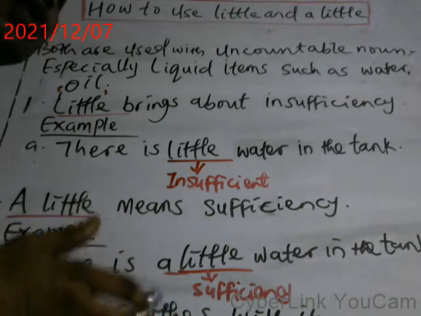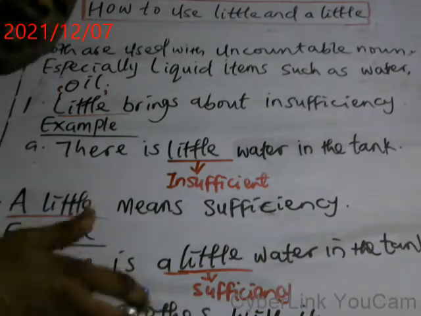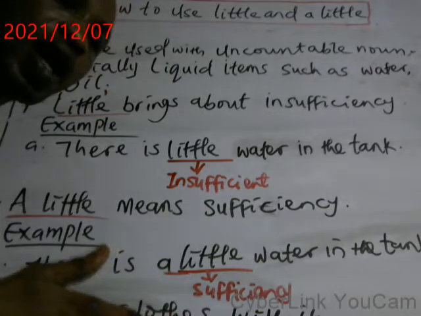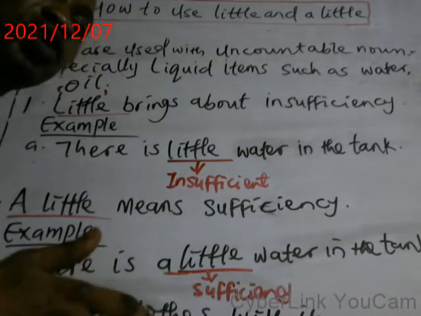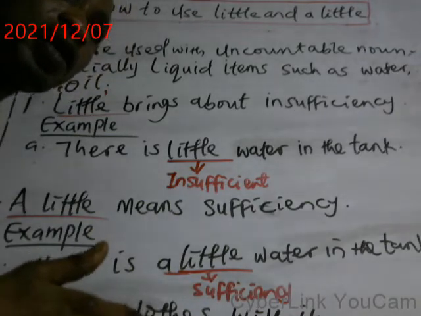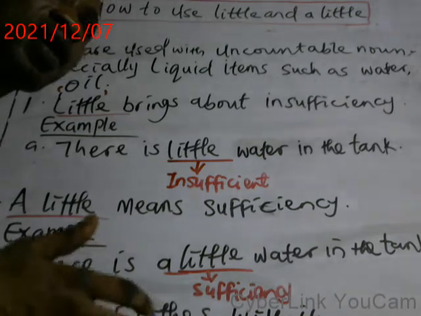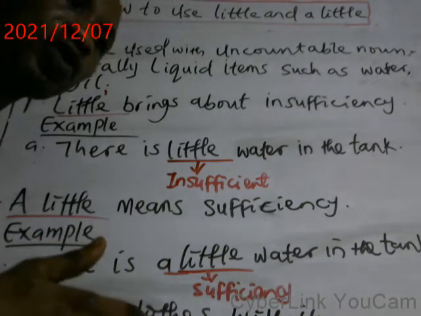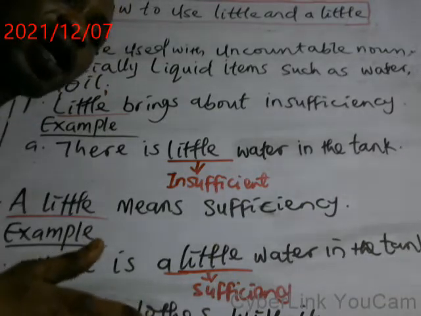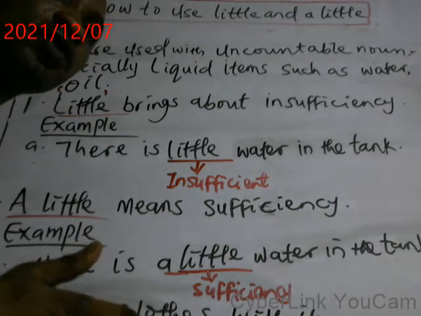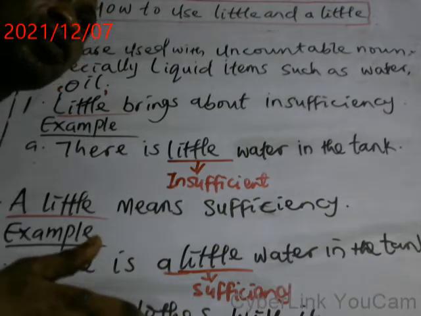The statement can be completed thus: there is little water in the tank, and I cannot wash my clothes. Do you see now? Because you have little water in the tank, the quantity of that particular water is not enough for you to wash your clothes.